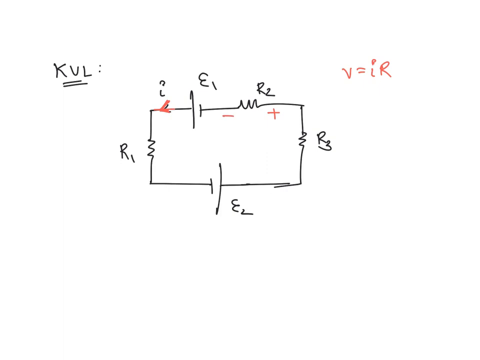The voltage drop across this is I into R2, because V is equal to I into R. The same current flows here, so this is positive and this is negative. This is I into R1. As the current is going like this, this must be positive and this must be negative. This is I into R3. Understood? Now this is the voltage drop across battery E1, and this is the voltage drop across battery E2. This is the positive terminal, this is the negative terminal, this is the positive terminal, and this is the negative terminal.